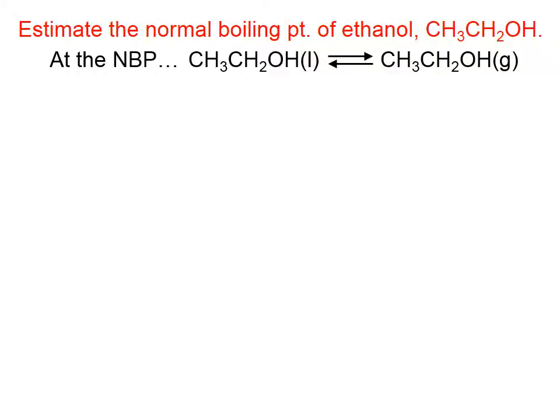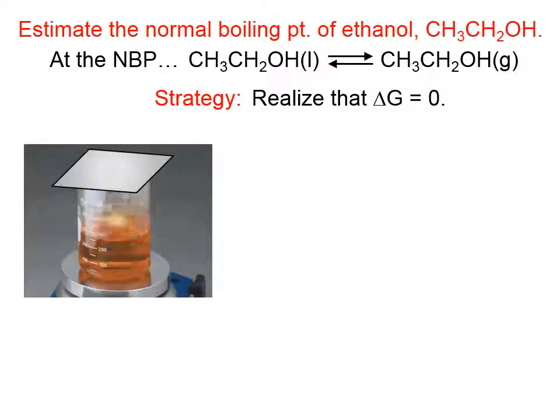At the normal boiling point, there's an equilibrium between the liquid and gaseous phases. Here's our strategy for tackling this one. We're going to realize that, first of all, at the normal boiling point, the change in Gibbs free energy is 0. We can imagine that we have a beaker full of ethanol, and this beaker is covered, and we are maintaining it at the normal boiling point.